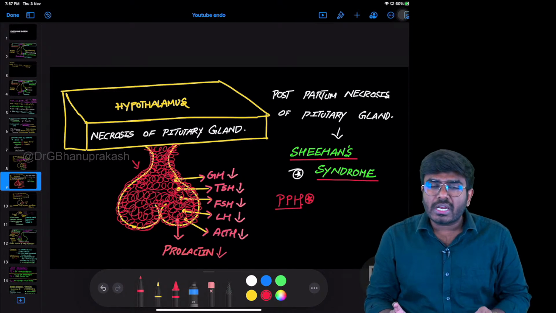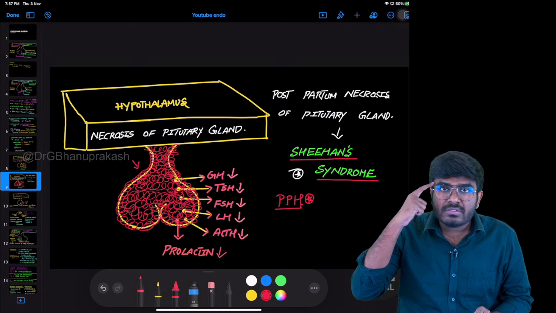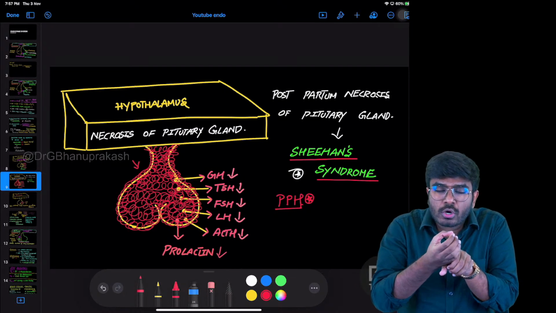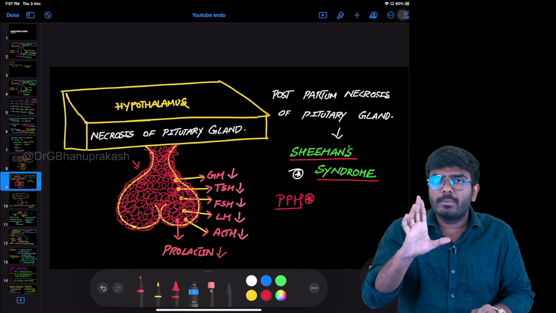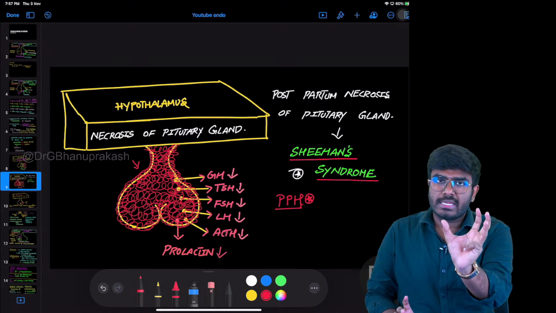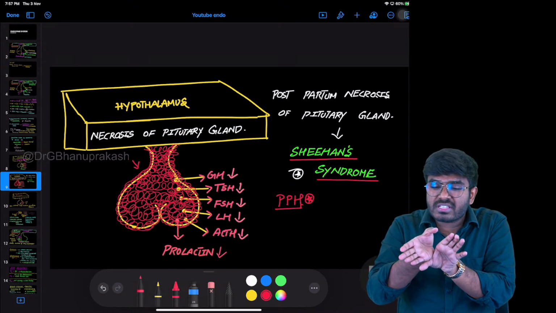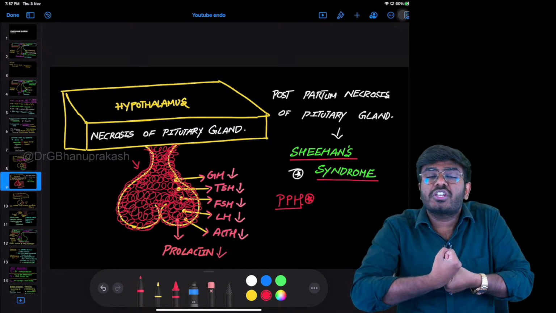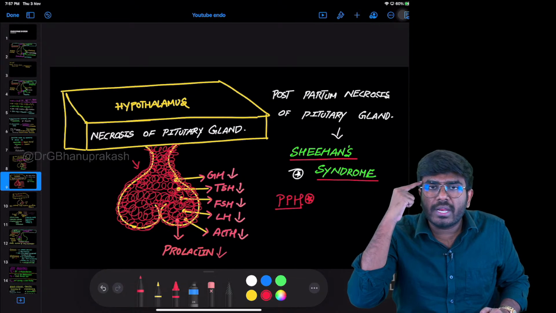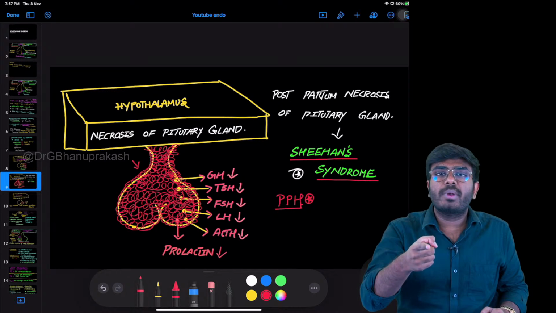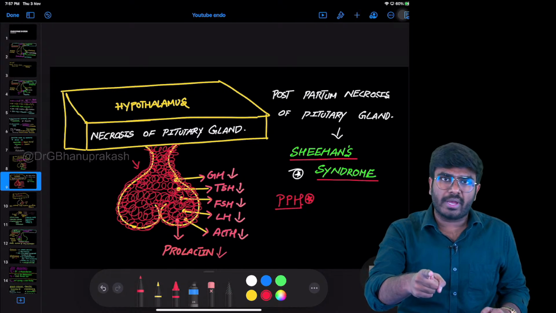What will happen to the pituitary gland? Even the blood vessels which are going to the pituitary gland have also undergone spasm. Now tell me, the mother's pituitary gland is big in size. It is demanding more and more blood. But what is happening to the blood vessels? The blood vessels are undergoing constriction. So what happened to the blood supply to the pituitary gland? The blood supply to the pituitary gland is greatly compromised.